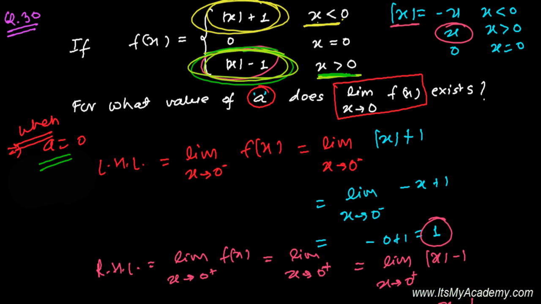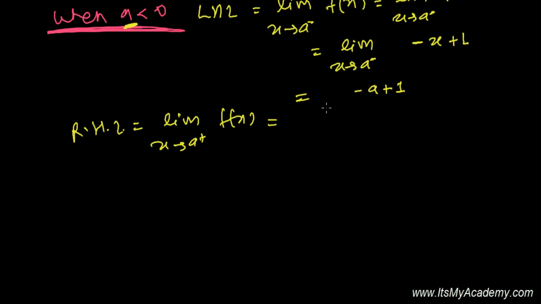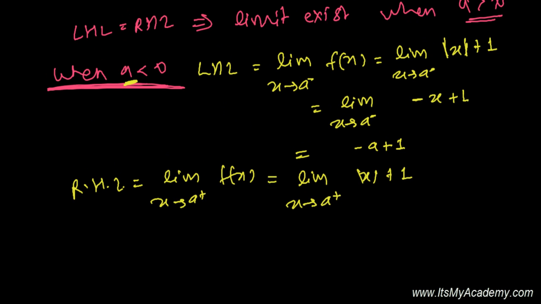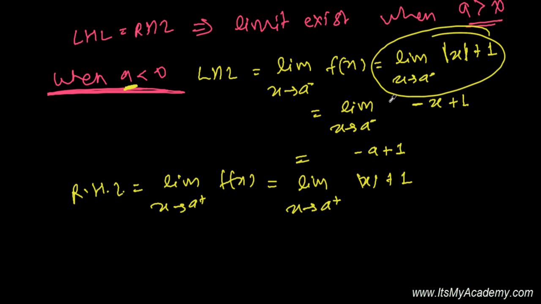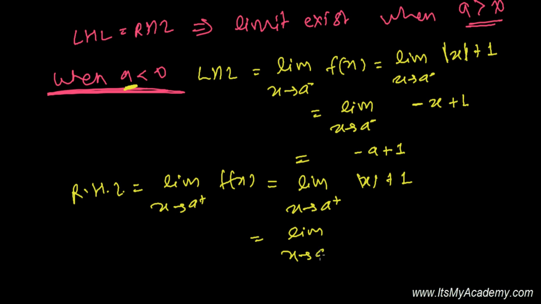we have to again choose the same function, that is limit x tends to a plus of the absolute value of x plus 1, and the same thing is going to repeat, because again this x is a negative number, so it will be minus x plus 1.